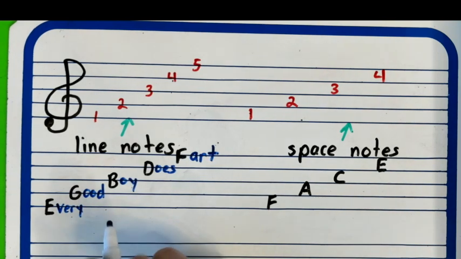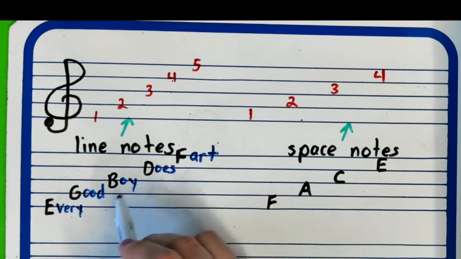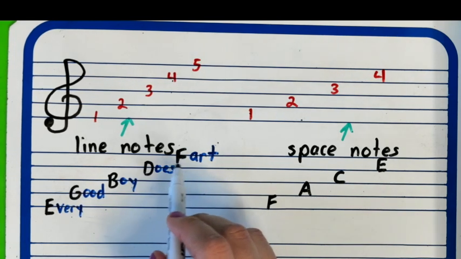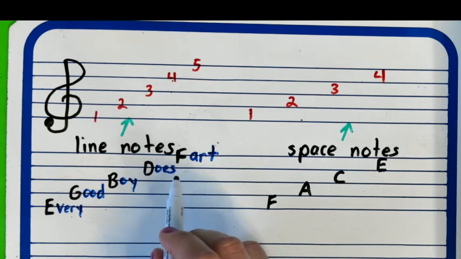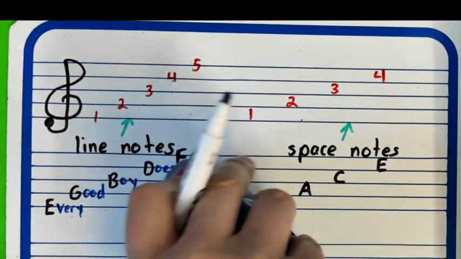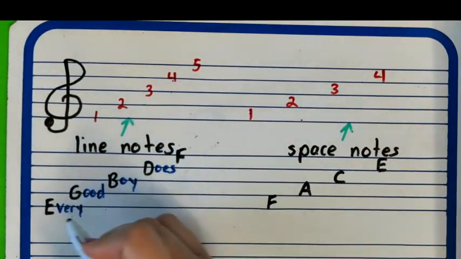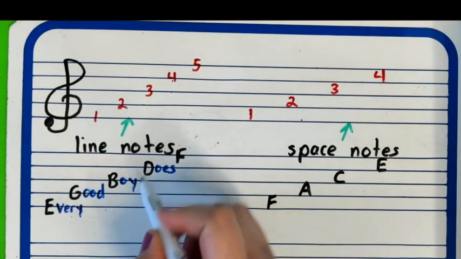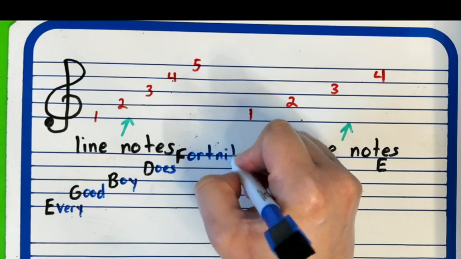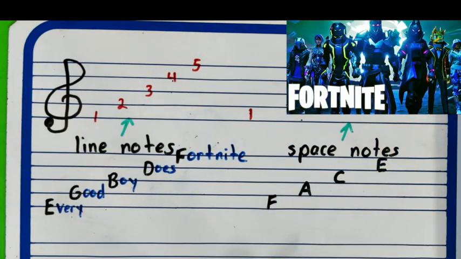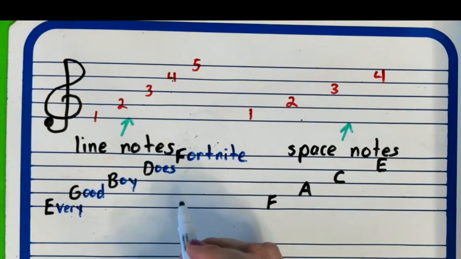Now, some of my students started getting a little fancy when they were in the music class. Instead of saying every good boy does fart, they're like, Miss Chavez, this is a little too silly for me. So then they changed it to every good boy does Fortnite. Yeah, I bet you some of you are definitely going to remember this one, right?